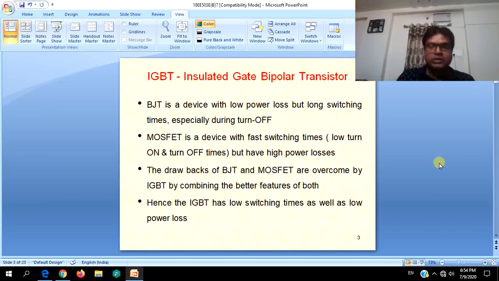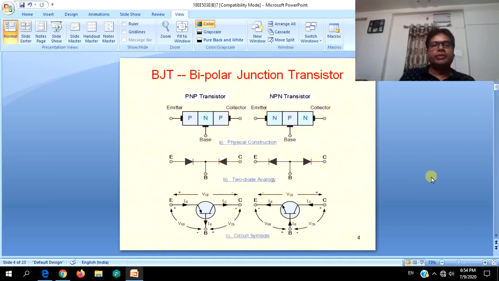But before actually going into IGBT, we will have an overlook on BJT and MOSFET. We will have a short review on what is what. As we already know, BJT is the basic type of transistor which was invented in around the 1940s.